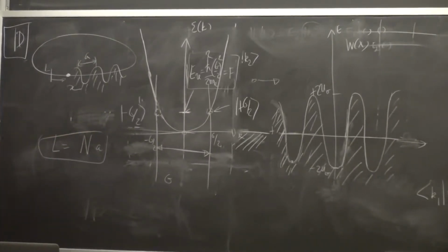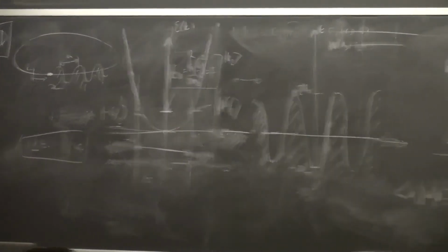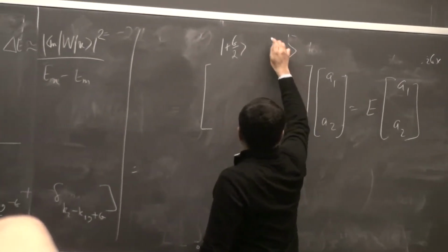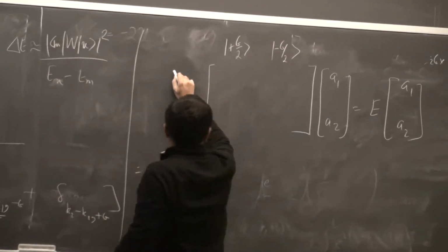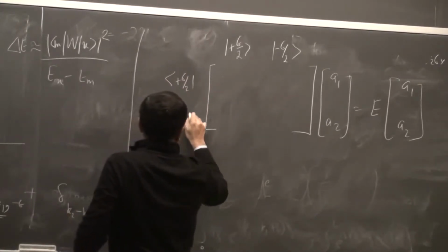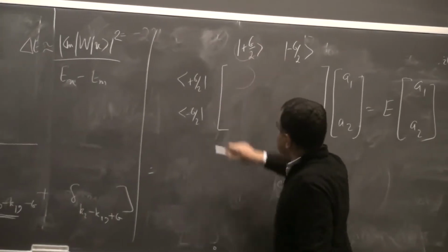So the way you will create this state is I write it as, I generally always like to label it this way, plus g by 2 and minus g by 2. These are my two states, right? This is outside the matrix, just a labeling index for me, plus g by 2 and minus g by 2. So if I look at the diagonal term here, what should I write?